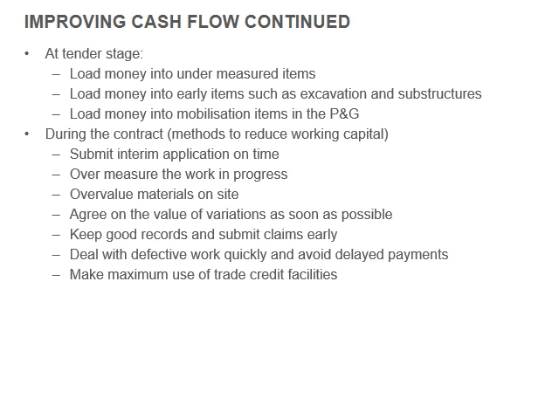During the contract, submit interim applications on time, over measure the work, overvalue material on site, agree on the value of variations as soon as possible, keep good records and submit claims early, deal with defective work quickly and avoid delayed payments, make maximum use of trade credit facilities. Okay, so the main thing is to be efficient on site. If you've got a 3-month contract, you have to be finished within the 3 months.